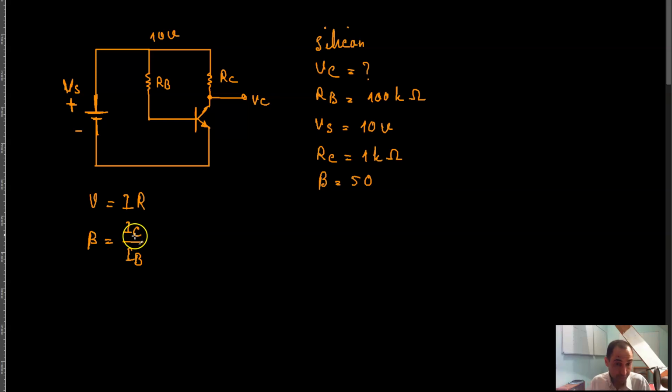that base current is being multiplied by your beta, and this beta is set for any transistor that you pick for this circuit. That base current is being multiplied by your beta, and that gives you the collector current.